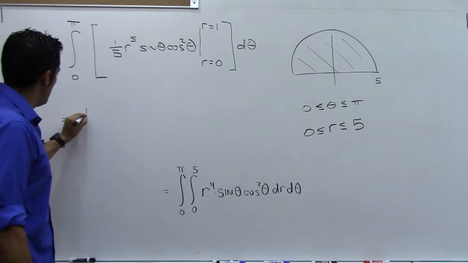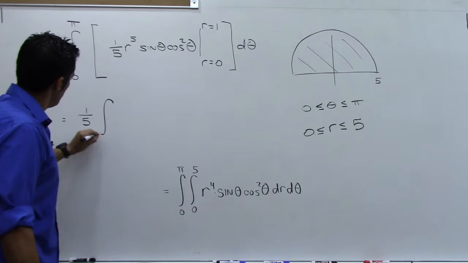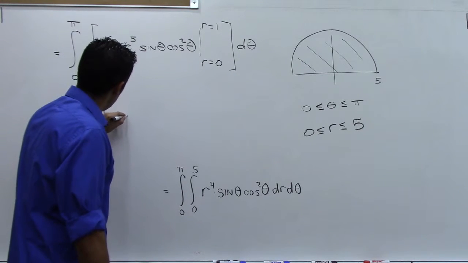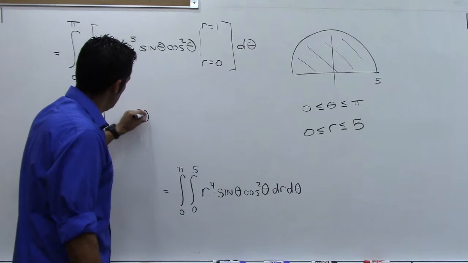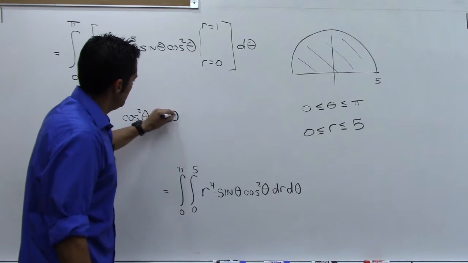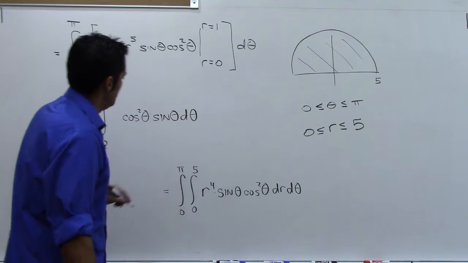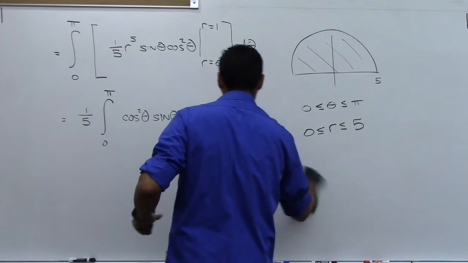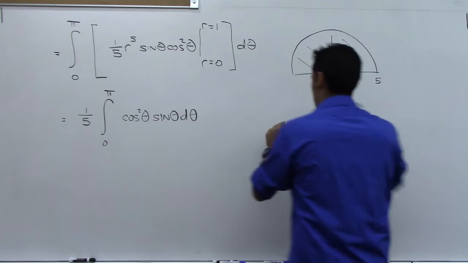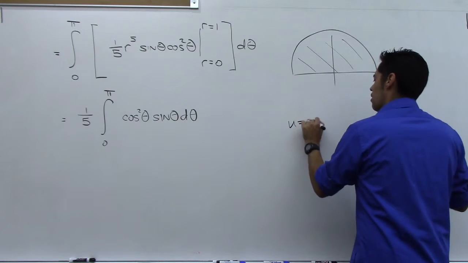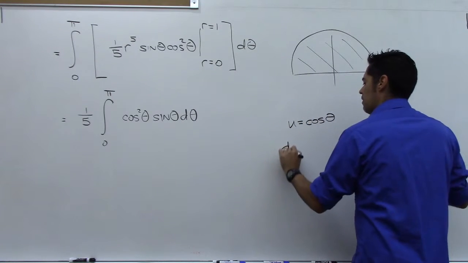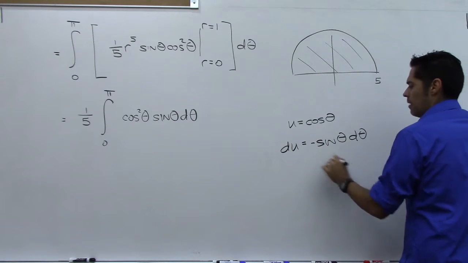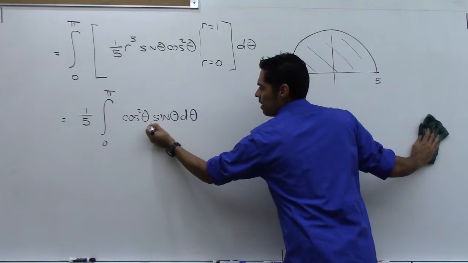I'm going to bring the 1/5 out of the integral. 0 to pi. How about I do this? Cosine squared theta, sine theta. Just reverse those. And the reason is because I'm going to do a quick u substitution on this. I noticed that if I let u be cosine theta, the derivative of that is negative sine theta d theta, and I have sine theta d theta.